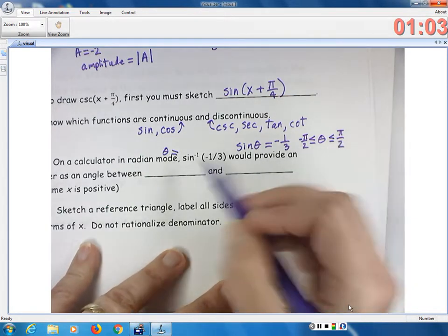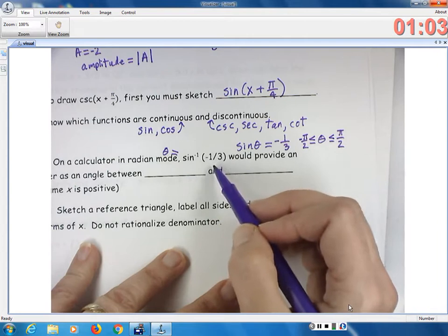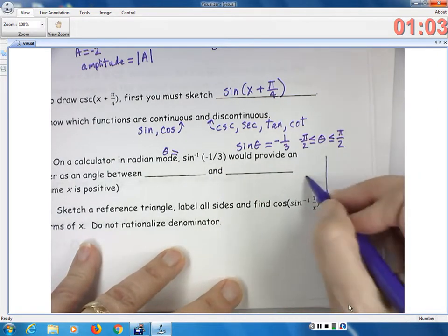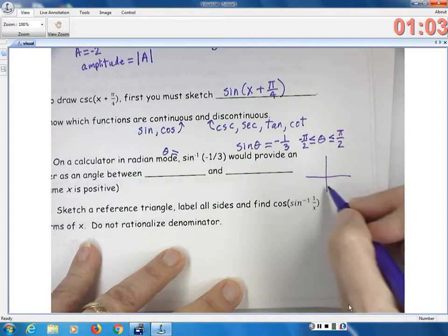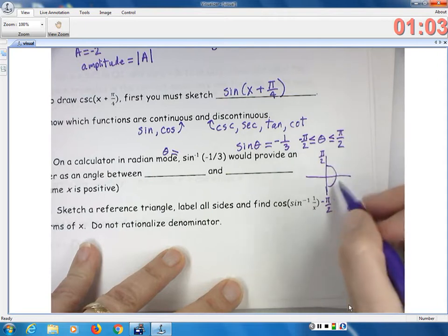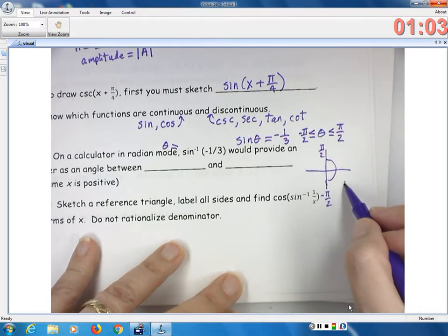But because this is negative, which quadrant is sine negative in? So here's -pi/2 to pi/2.